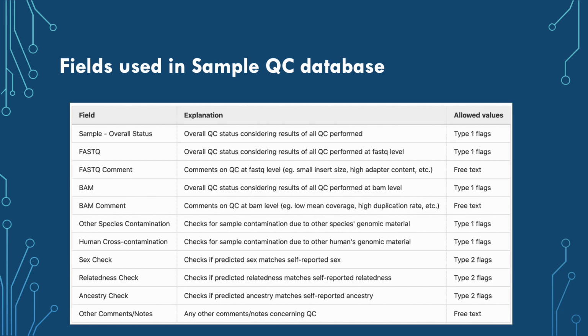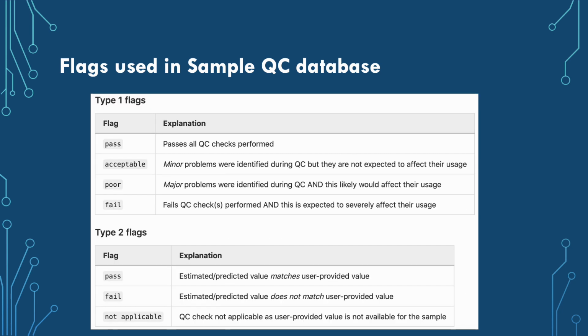These are the fields that we use in the sample QC database, and the allowed values for these fields are controlled using particular flags, for example, pass, fail, acceptable, poor. In some cases, we also have a free text section where the QC reviewer can log the results of the QC review.